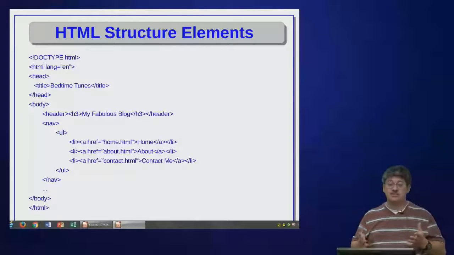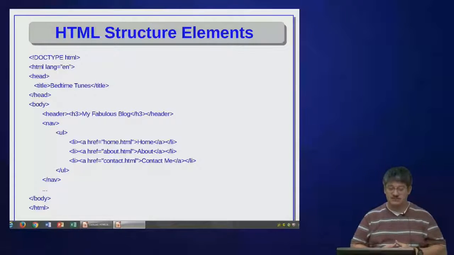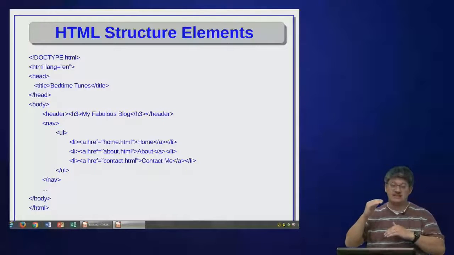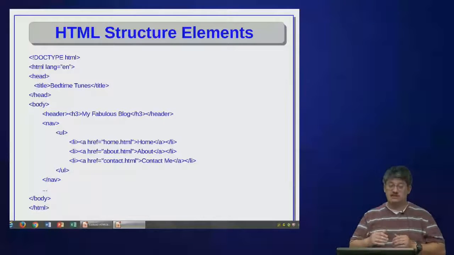And in order to list those links, I'm using an unordered list. So there's a UL tag and a /UL tag identifying the start and end of that list of links. Within the UL tags, there's a list of 3 LI elements, each of which contains a link, an anchor, an A tag, to a different page of my site: home, about, and contact me.